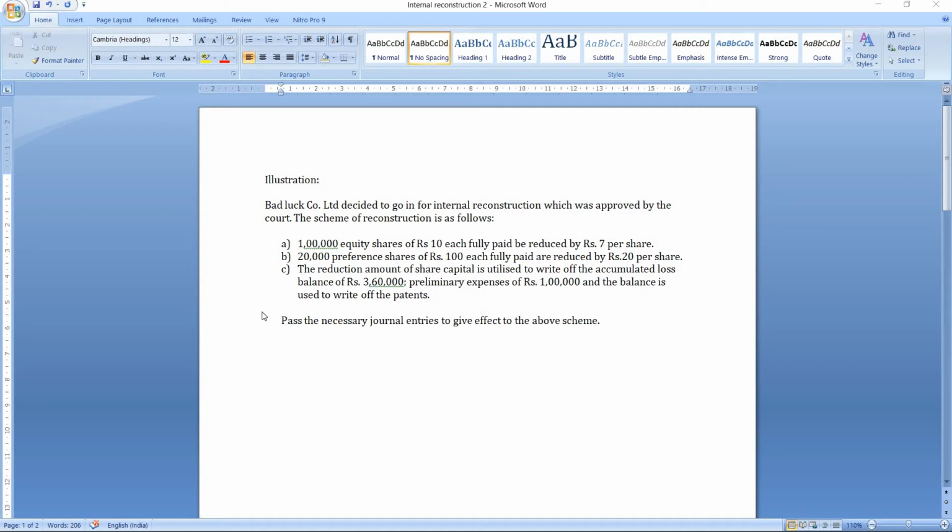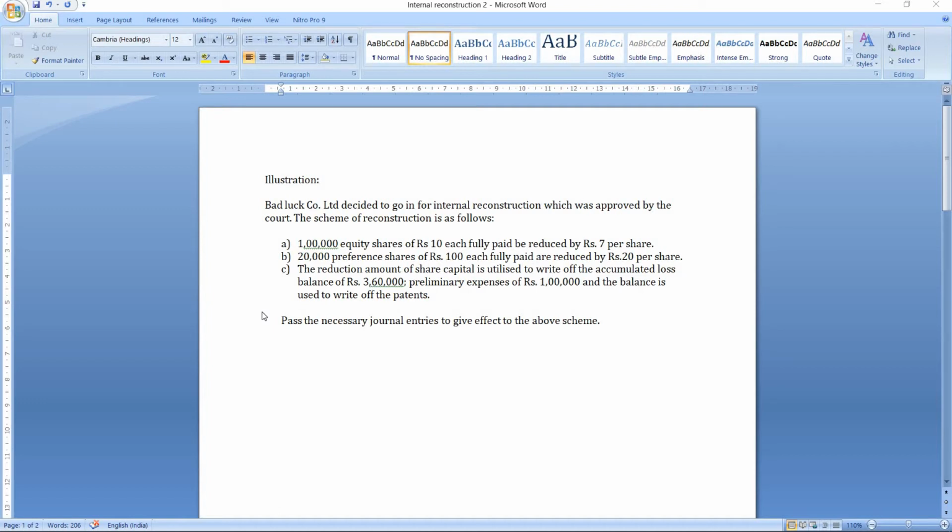Bad Luck Company Limited decided to go in for internal reconstruction, which was approved by the court. The scheme of reconstruction is as follows. First, 1,000 equity shares of rupees 10 each fully paid be reduced by rupees 7 per share. So the actual share capital of the company is 1 lakh equity shares of rupees 10 each.